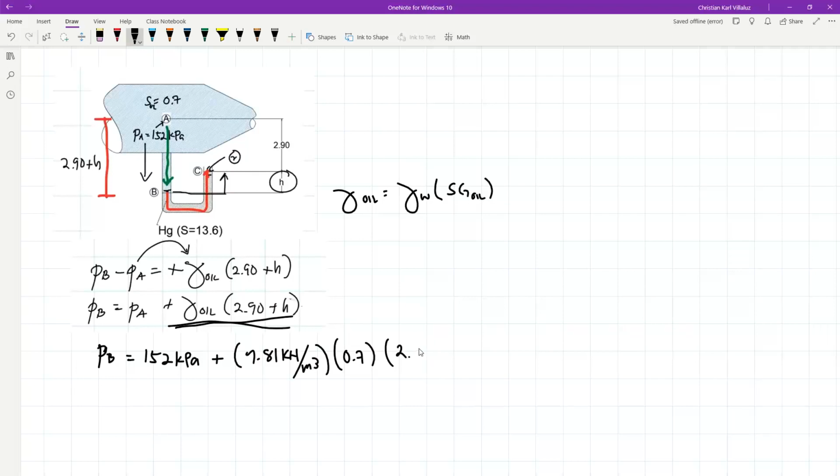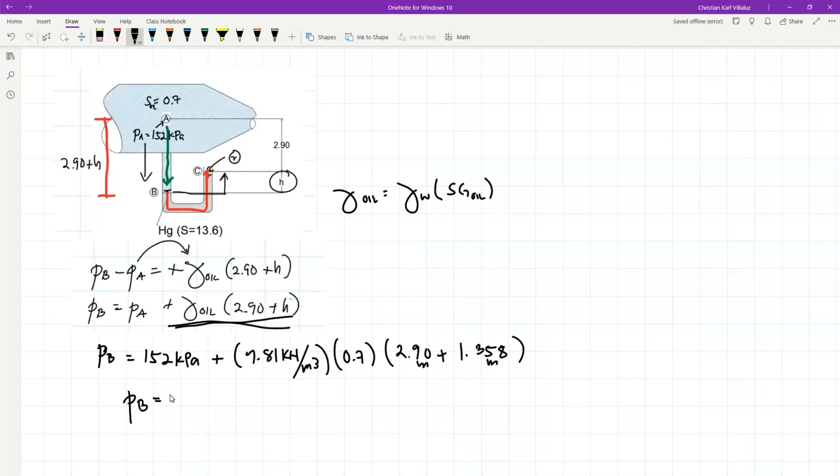Then multiply the height 2.9 plus H. So we've determined earlier that the value of H is 1.358 meters. Okay, this is in the unit of meters.